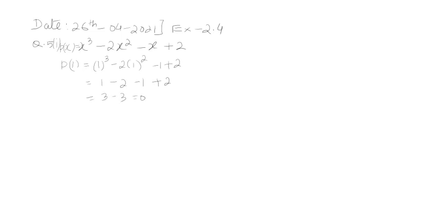So if a value of x makes this polynomial 0, that means x equal to 1 is a zero of this polynomial. Therefore x minus 1 is a factor of this polynomial p(x).